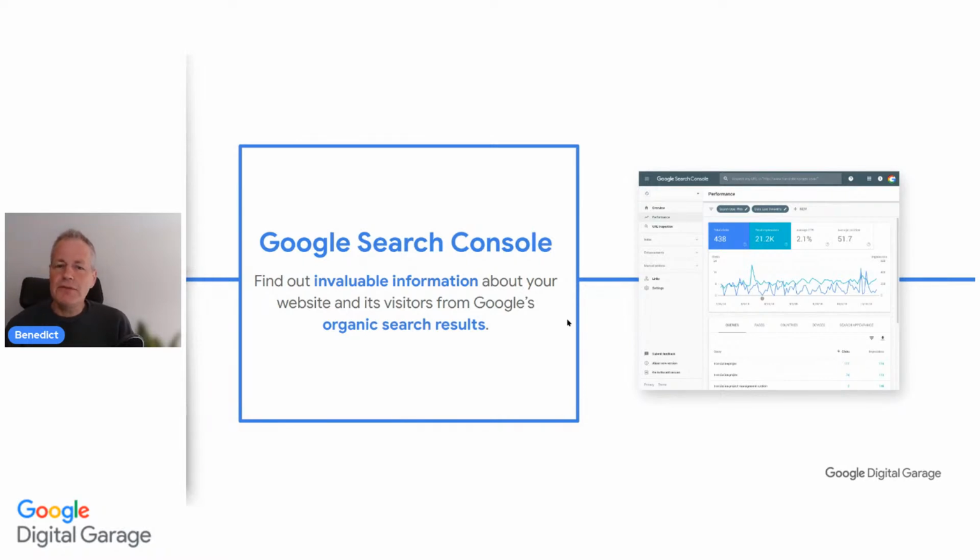So that's one side: it gives you feedback on your page. The other side, which is really important, is it gives you feedback about the ranking in organic search, when people type keywords into Google and your site appears on the results page, and what search terms your site is being ranked for.